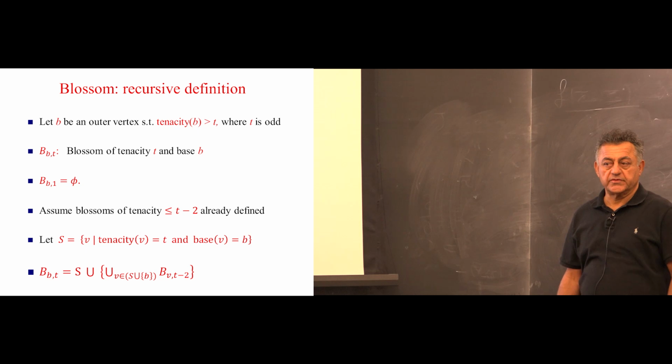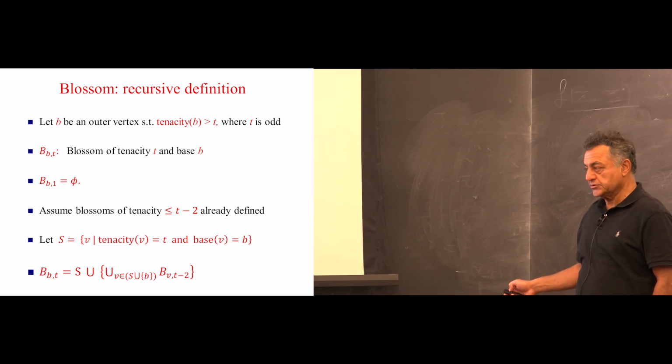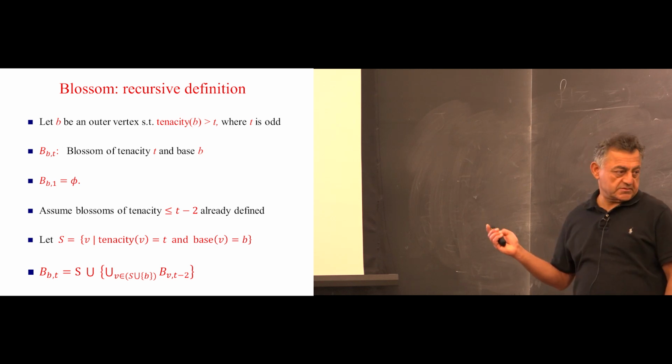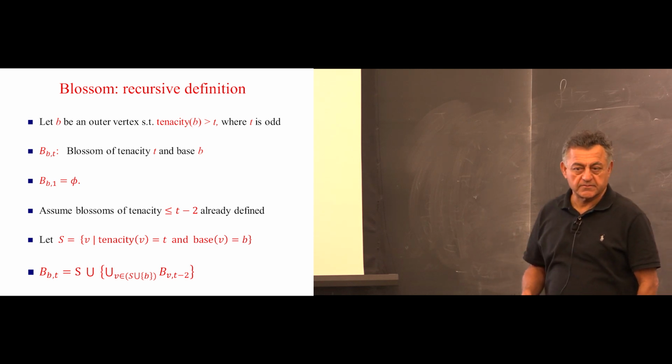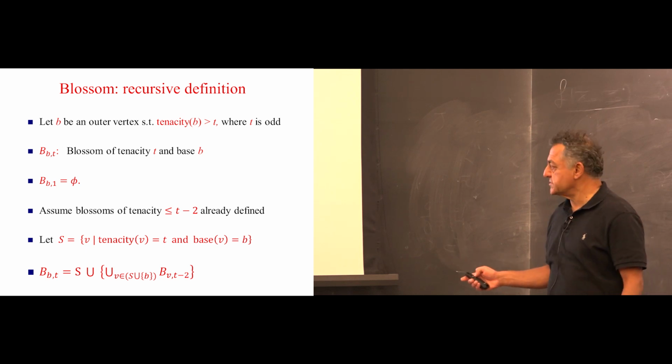And that's the blossom of tenacity T and base B. So all the vertices whose tenacity is T and whose base is B, plus all the smaller blossoms of tenacity T minus 2, whose base is any one of these vertices or B itself. So let me show you tons of examples to make this definition clear-cut. And please feel free to ask any questions.